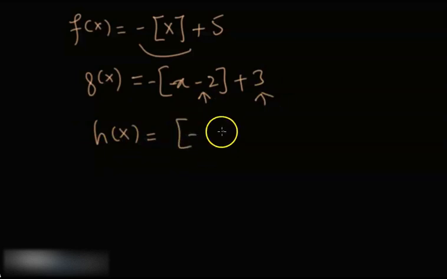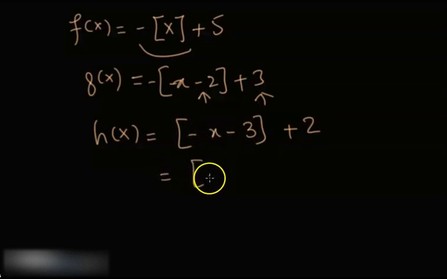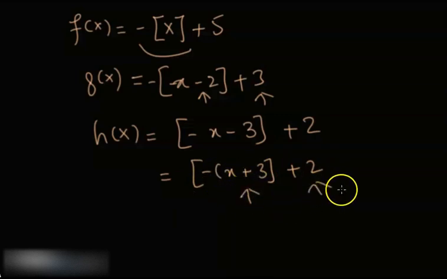If you are given minus x minus 3 or plus 3 plus 2, then first of all take minus common. Now you start working. First you reflect about y-axis, then 3 units to the left and then 2 units up. That way you can plot.